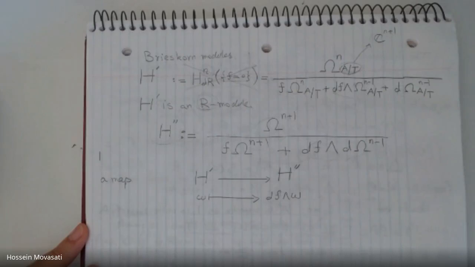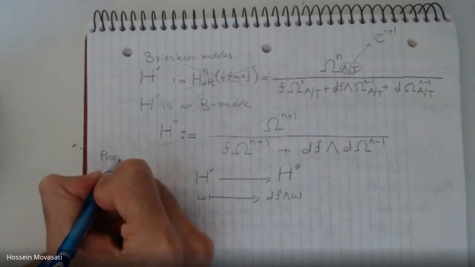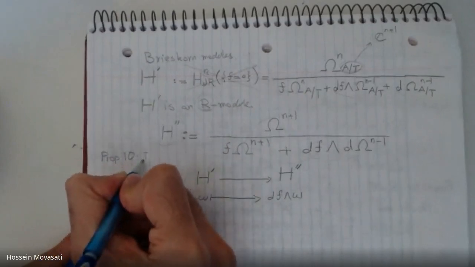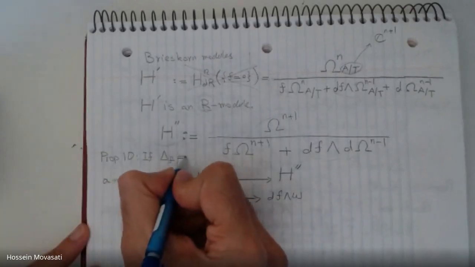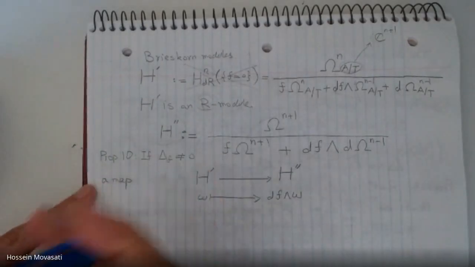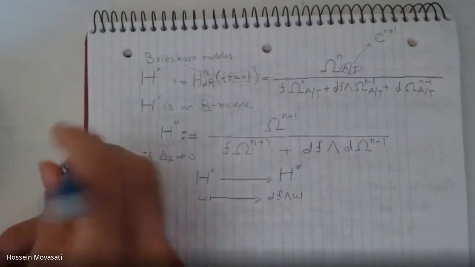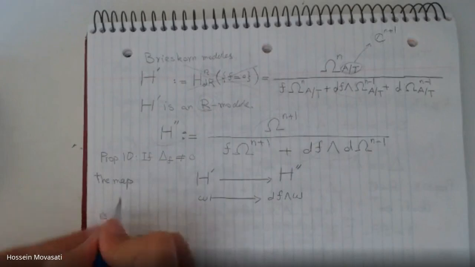Maybe proposition 10. If delta of f, the discriminant, is not equal to 0, for example if f is smooth, then the map is an injection.